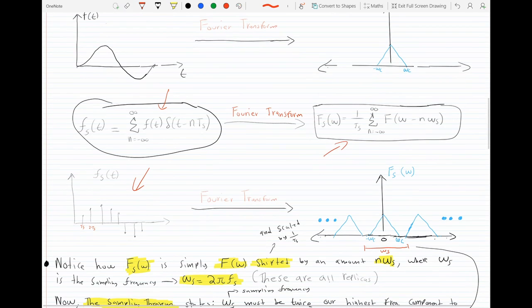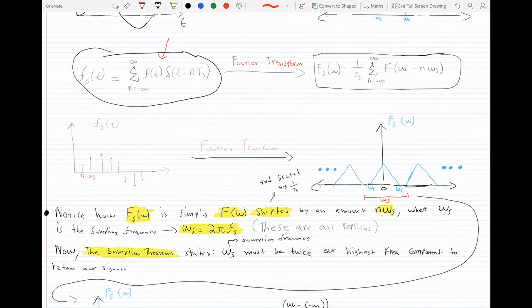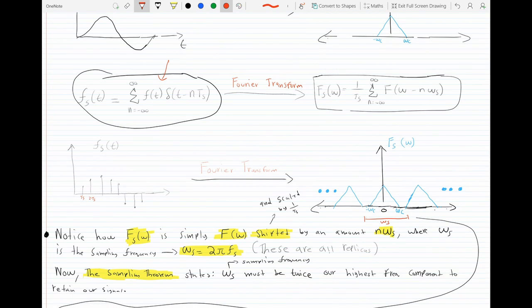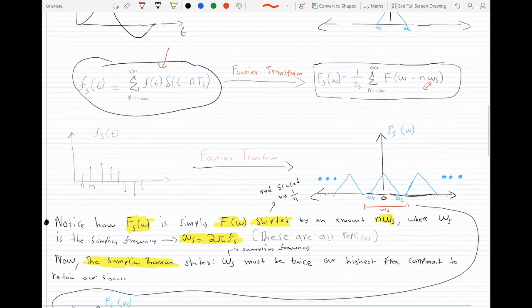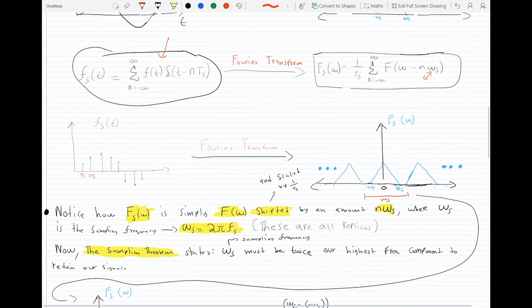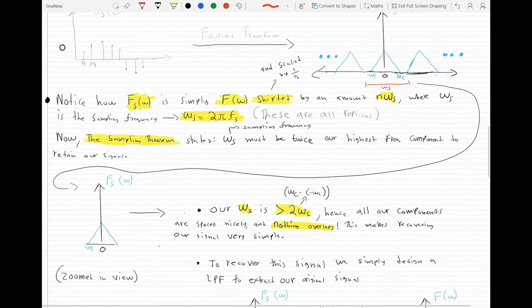This is very, very, very powerful. And you'll notice that they are shifted by an amount corresponding to our sampling frequency, right? So each replica is shifted by Ws, our sampling frequency.